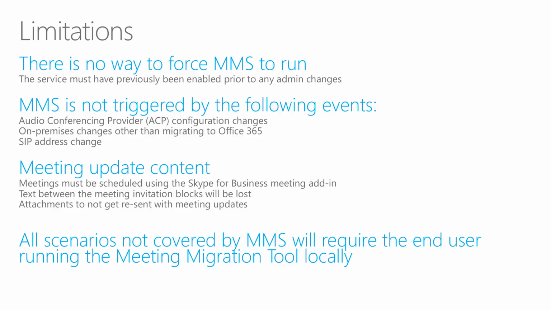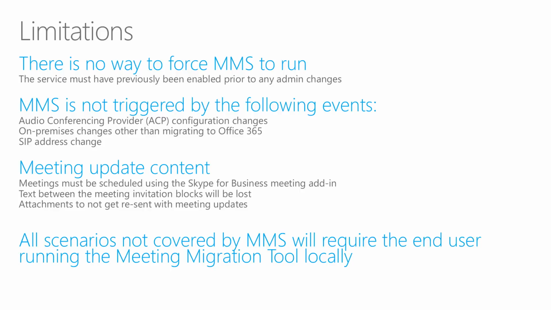There are also a couple of user behaviors that will not be caught with the meeting migration service. So we will catch all meetings that have been scheduled using the Skype for Business meeting add-in with an Outlook or OWA or different Skype for Business ways of scheduling the meeting.